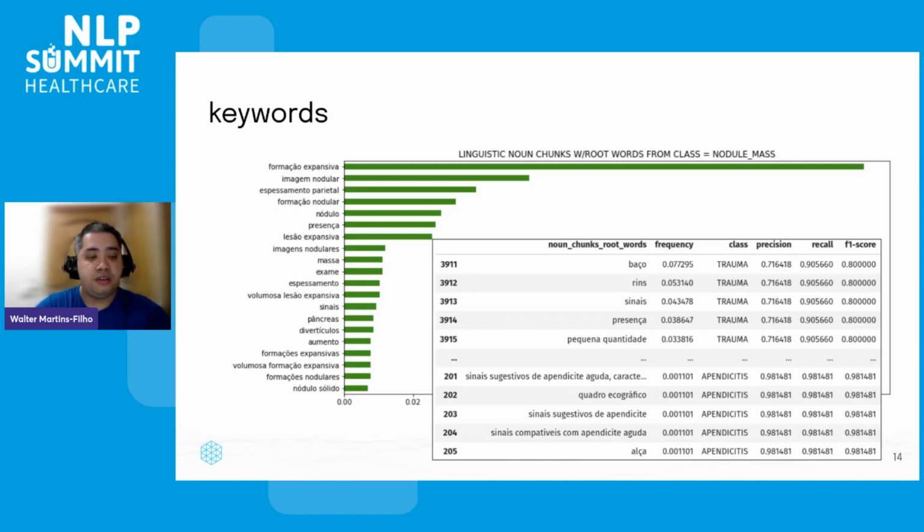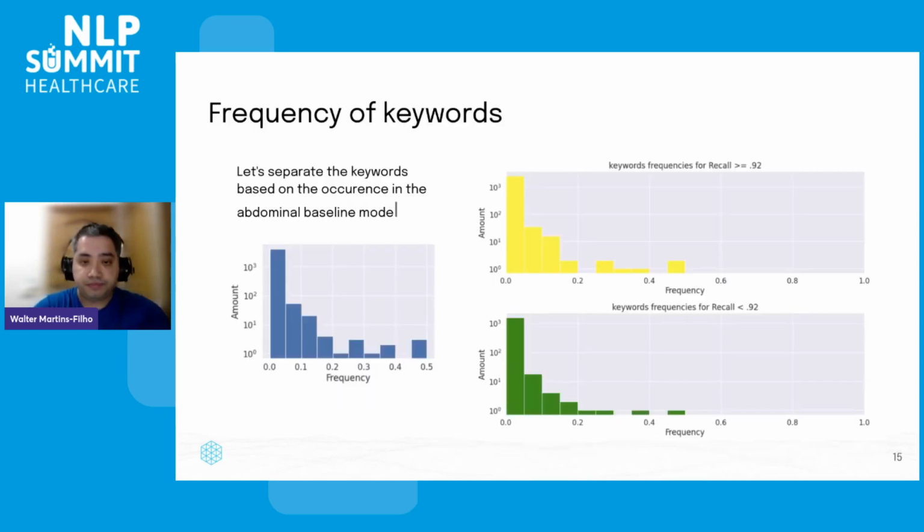Like the first group is what the doctors are waiting for, so we get the labels that have recall better than 92%, and we compare it with the labels that have recall worse than 92%. What we see is that it's not so discrepant, but they have some problems in some regions of this distribution. Here we have the whole frequency distribution of the non-chunk keywords in the dataset. Here we have the keyword frequency for recall above 92% and below.